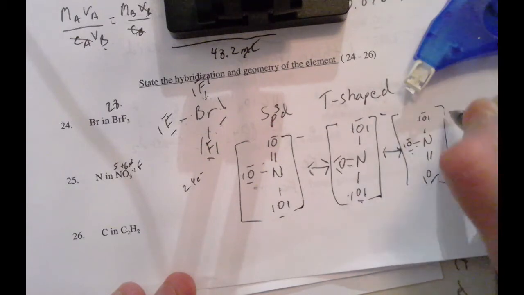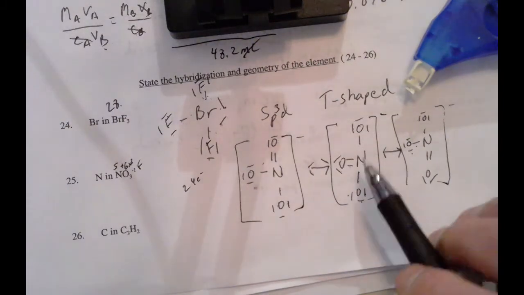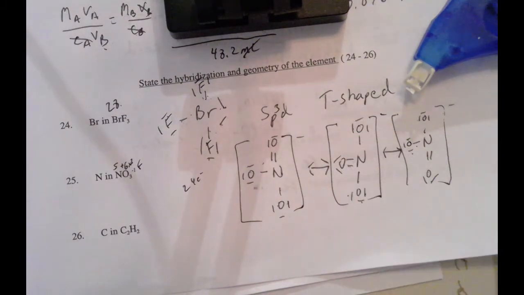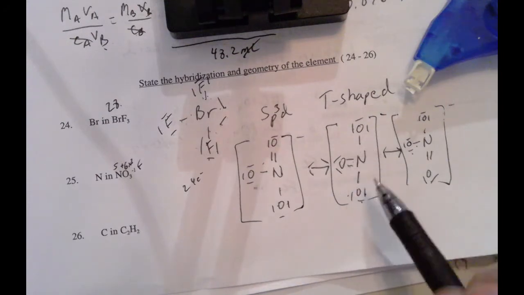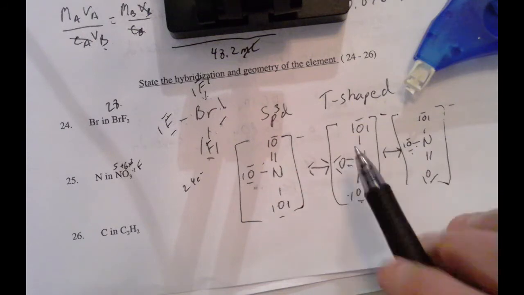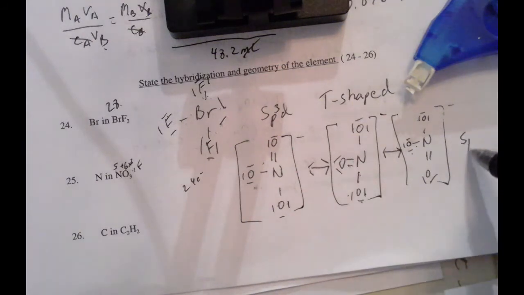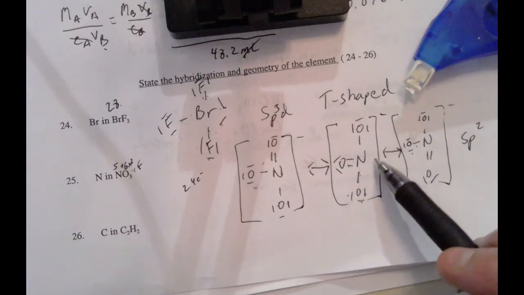Again, -1, -1. So if we take a look at this, remember that a double bond does not count in our hybridization. So we have our sp2. And we have 3 bonded atoms and 0 unshared pairs.